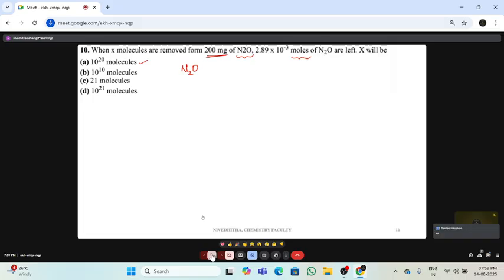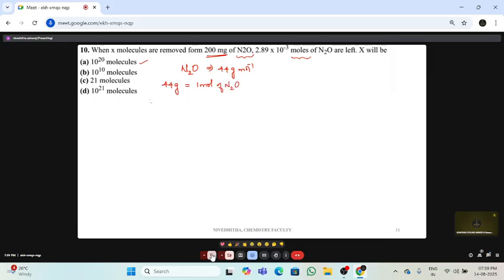So nitrous oxide is 44 gram. Yes, it is right. It is 44 gram. So what does it mean? 44 gram is nothing but 1 mole of nitrous oxide.